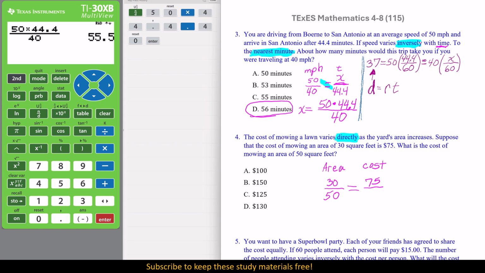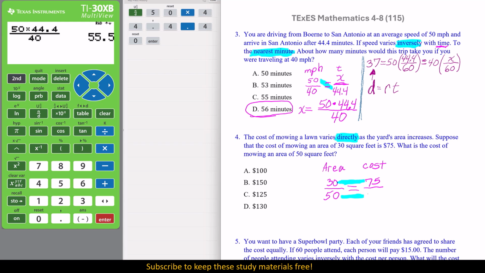Now let me show you this. If it's going to be a direct variation, the values should be across from each other. And yes, we're setting up a proportion, but if you go back and do the calculations like what I showed you in number 3, taking it the long way around, you'll discover this works.